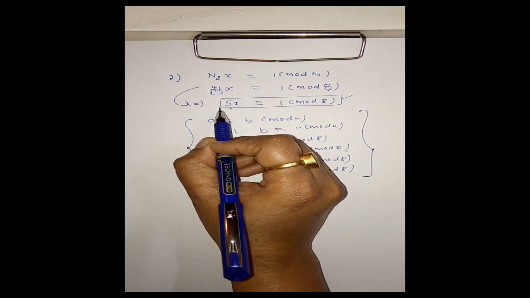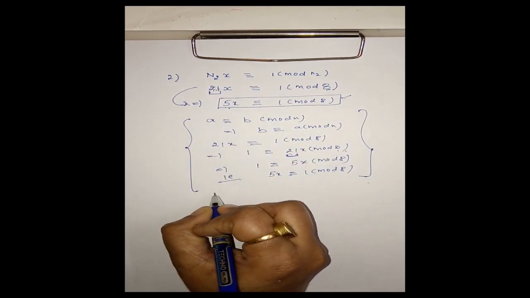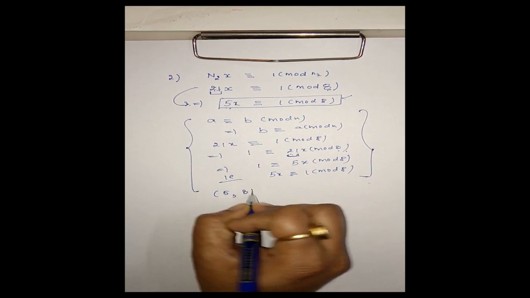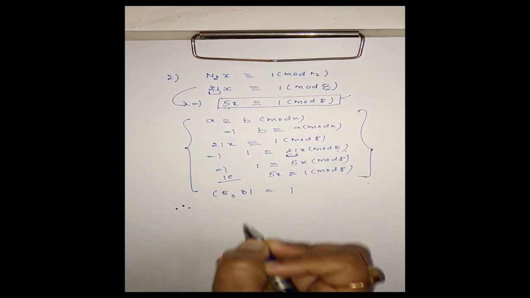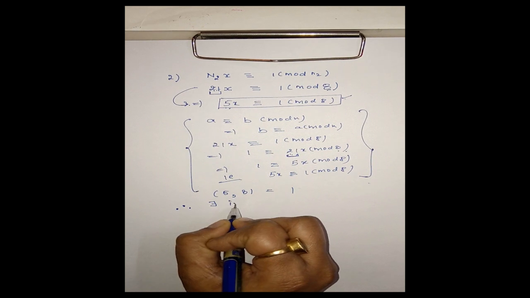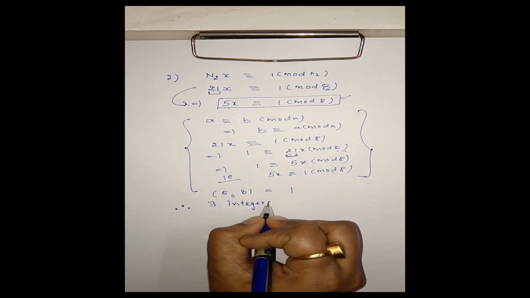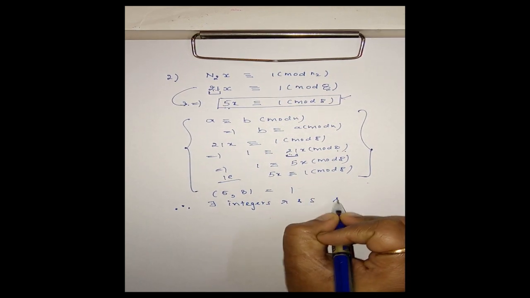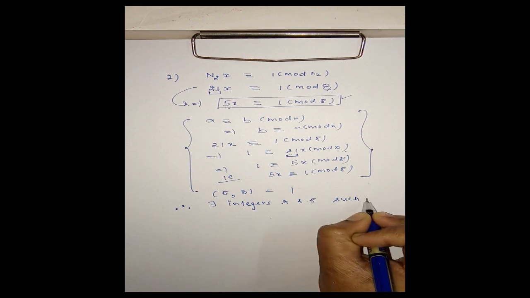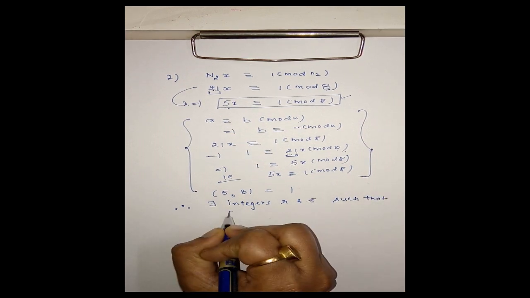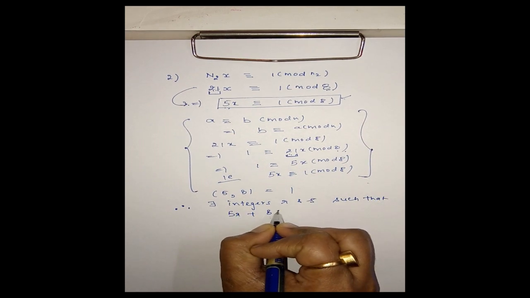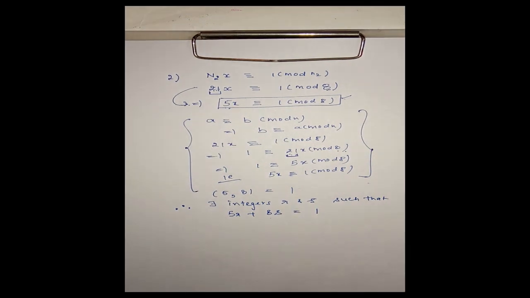Same here also. The GCD of 5 and 8 is 1. Therefore, by Euclid's algorithm, there exist integers R and S such that 5R plus 8S is equal to 1.